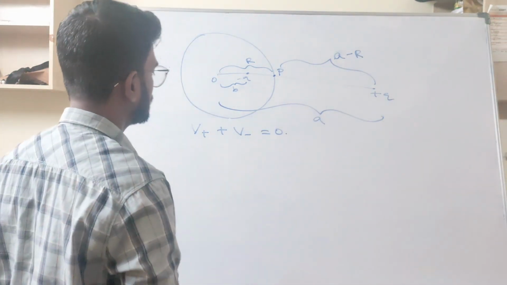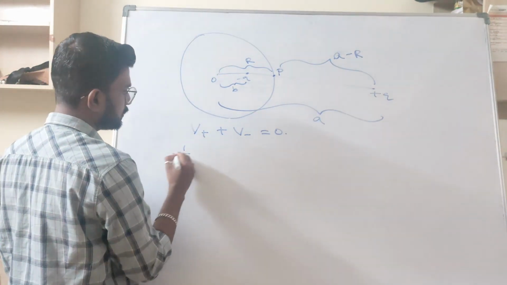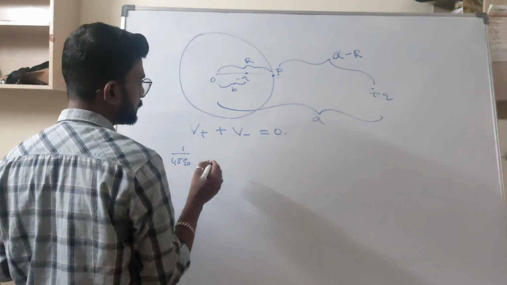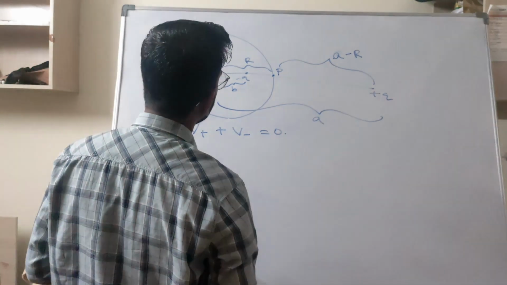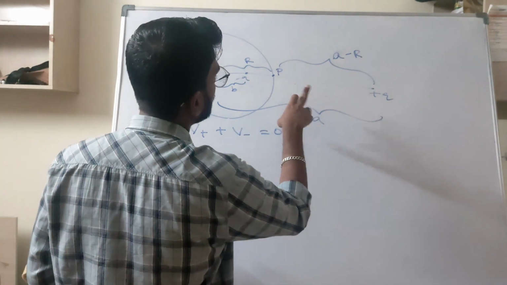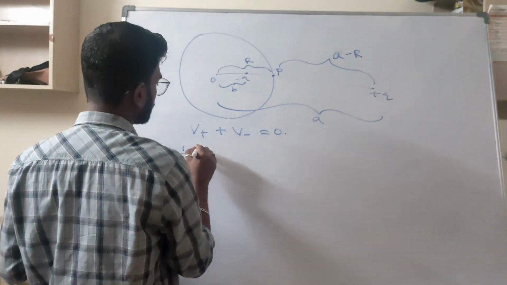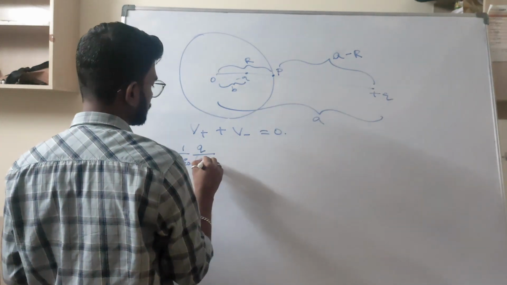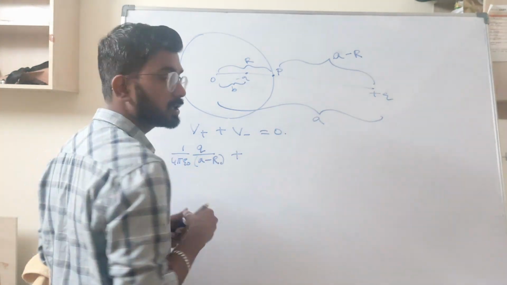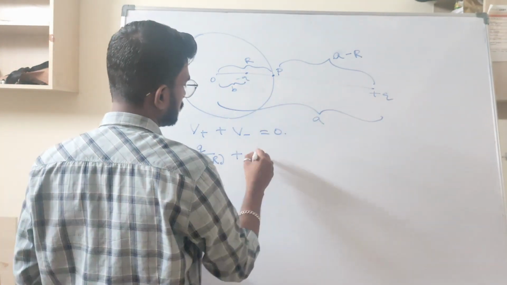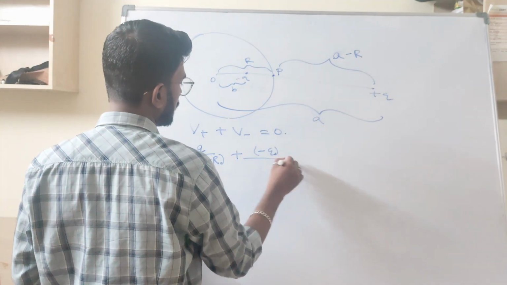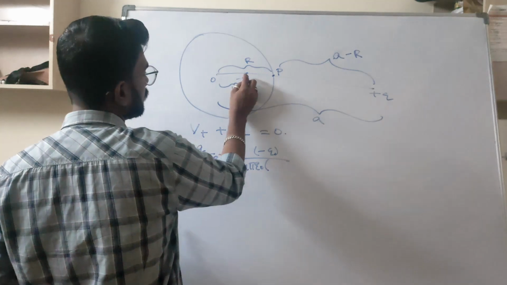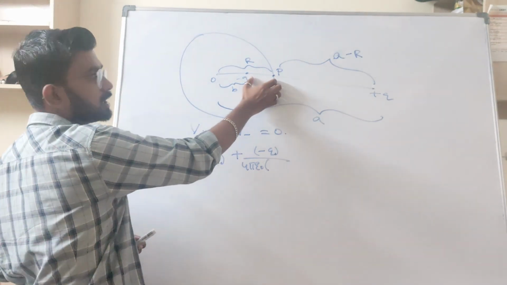So 1 by 4 pi epsilon naught q by distance, the distance is a minus r, plus potential due to minus q by 4 pi epsilon naught. Now at what distance is the minus q from P? This distance.